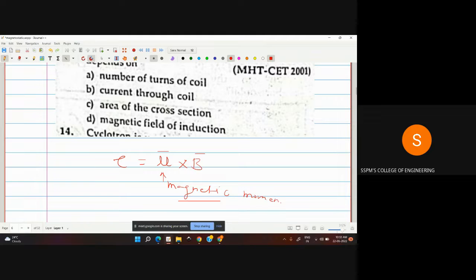It may be denoted by m bar or by mu bar. In your textbook, the magnetic moment is denoted by mu bar.